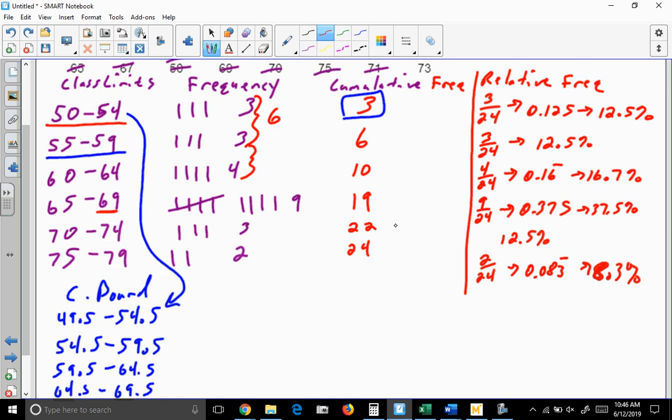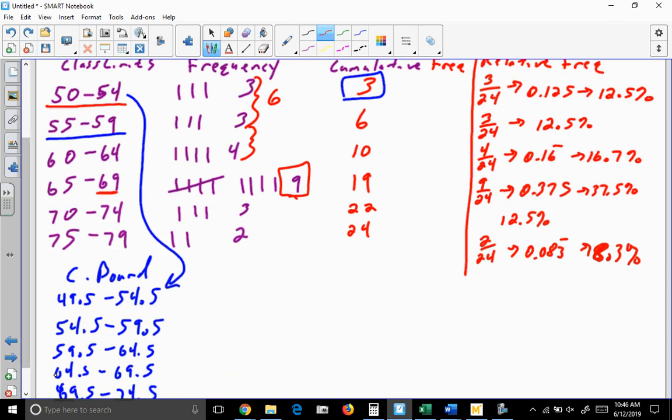If we look here, that class has the most pieces of data. So when we go from 65 to 69, or in terms of our boundaries, 64.5 up to 69.5, then we have the largest increase. We have increased the most.